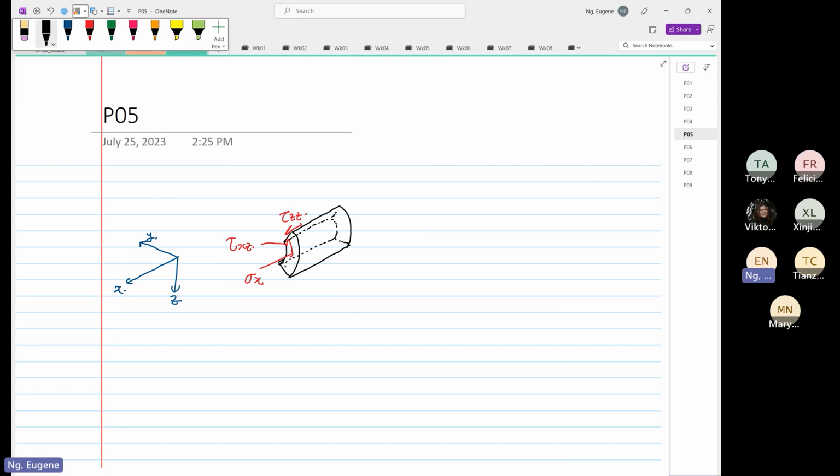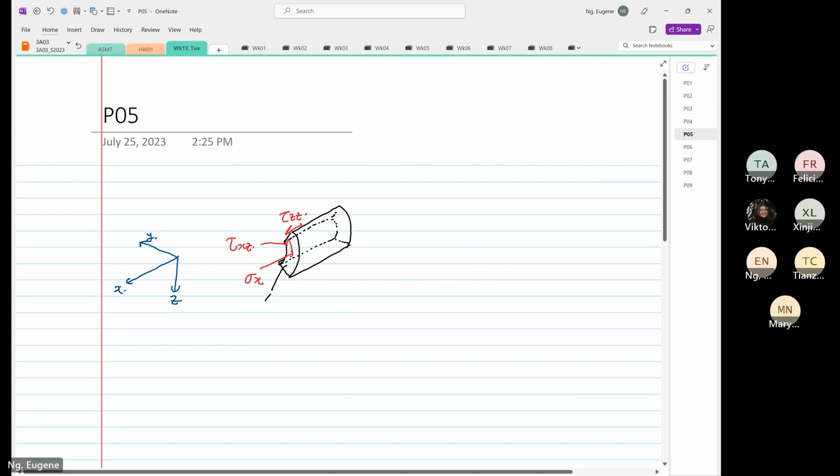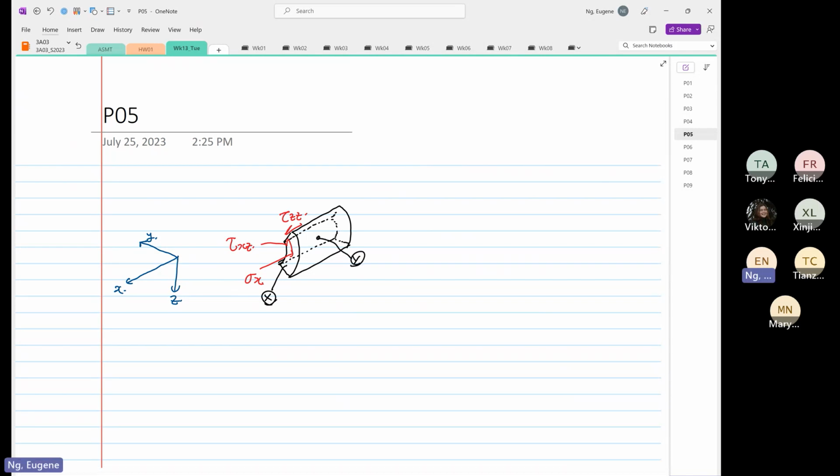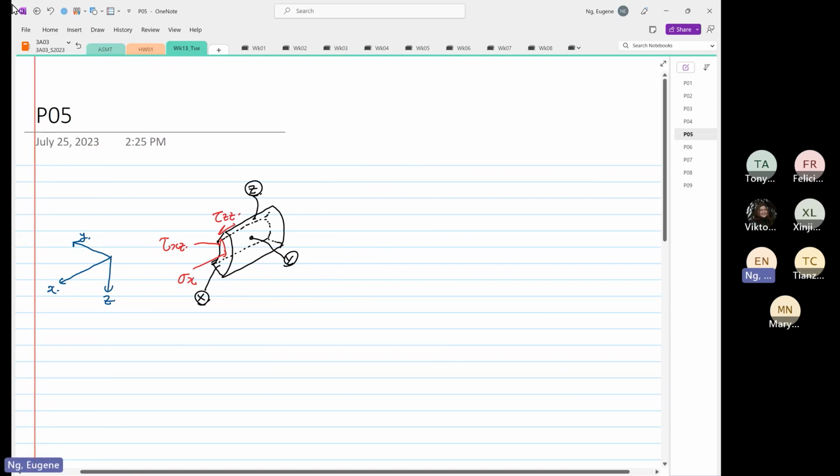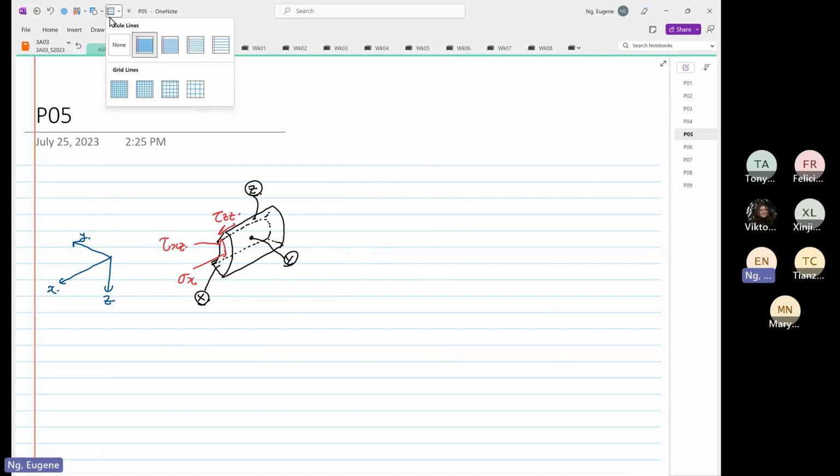This is our X. This surface over here is our Y, and this surface over here is our Z. Okay, so again, as I repeat, this is just a sketch.